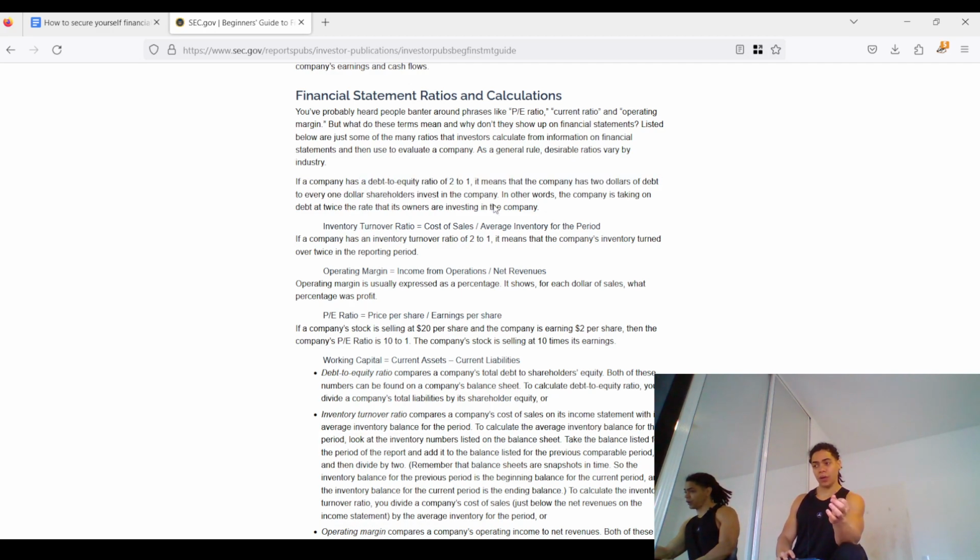If a debt to equity ratio is 2 to 1, it means that the company is taking on $2 of debt for every $1 that shareholders invest.